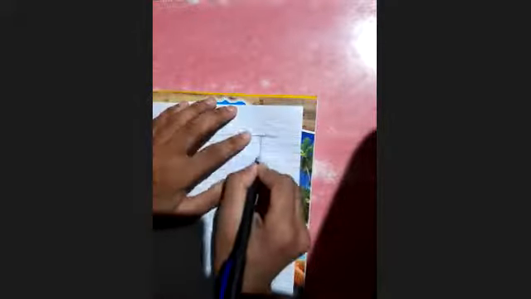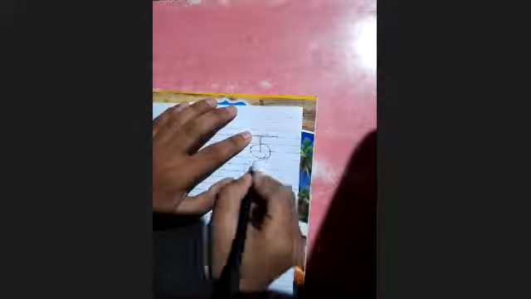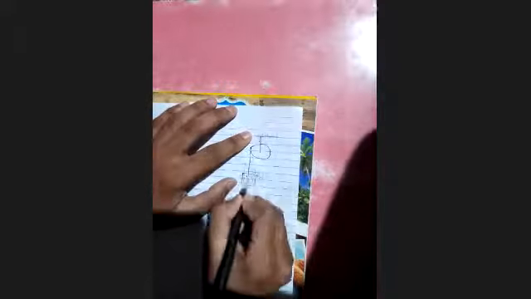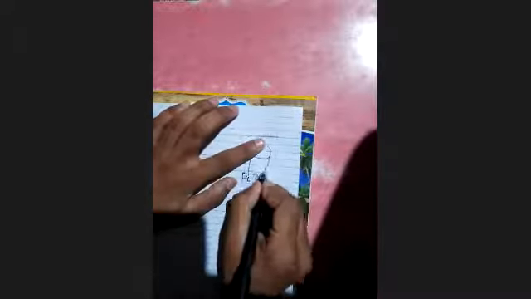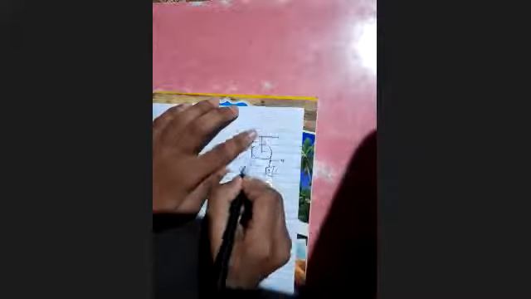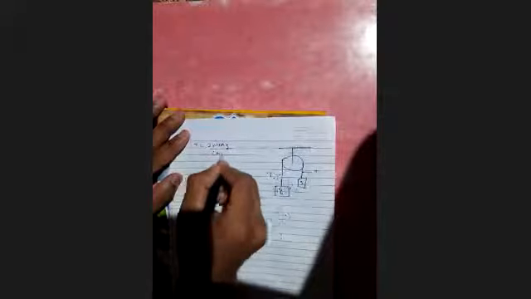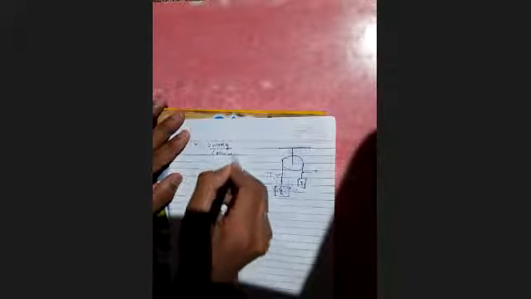Now we'll take an example. So we have the pulley, 6, and here 2. So find T. We have the formula T is equal to 2 m capital M g upon small m plus capital M. Now we'll put values.